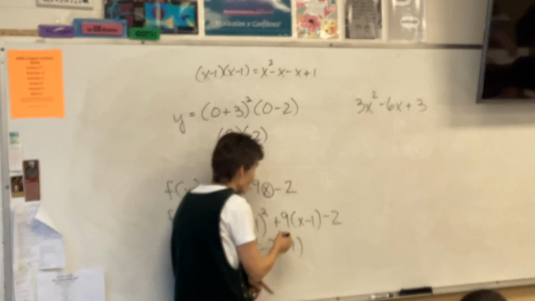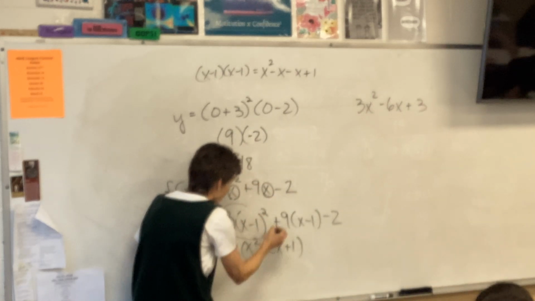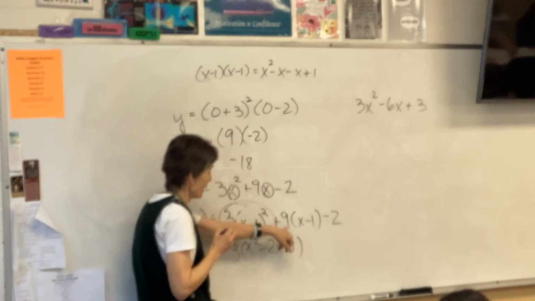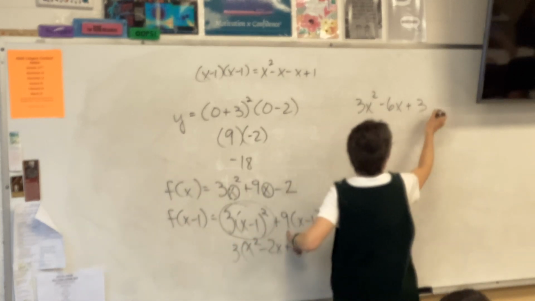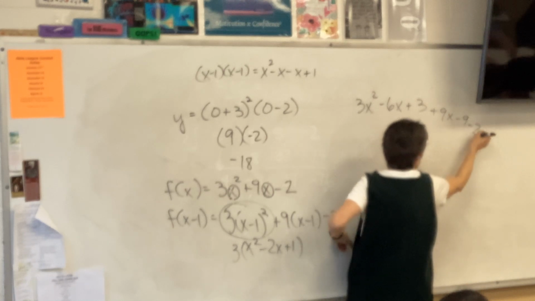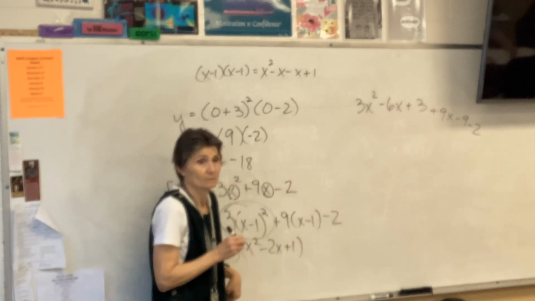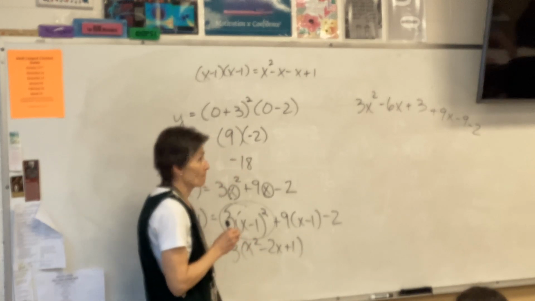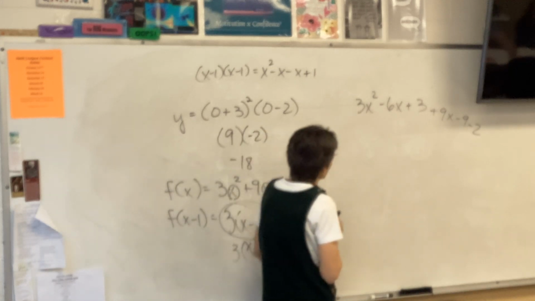Okay, but don't forget, that's just this part, right? I still have plus 9x minus 9 minus 2. So let's collect my terms.